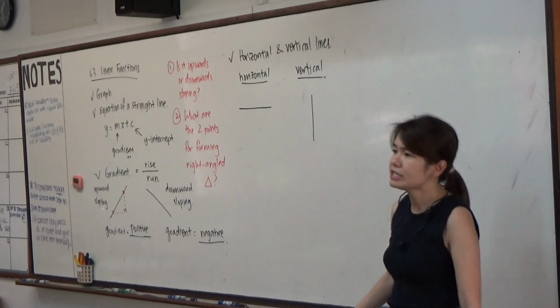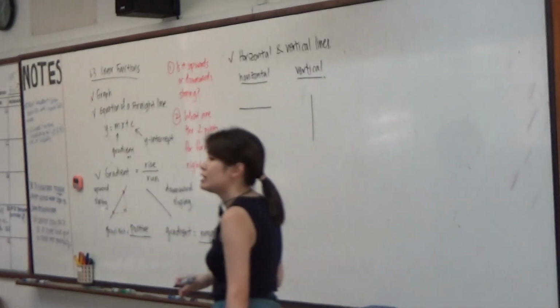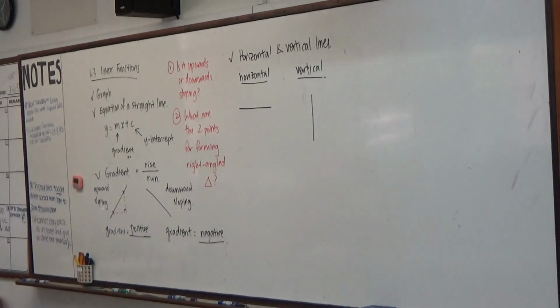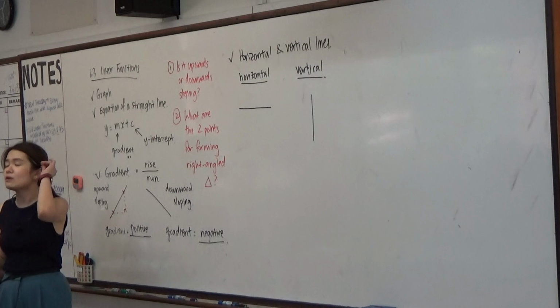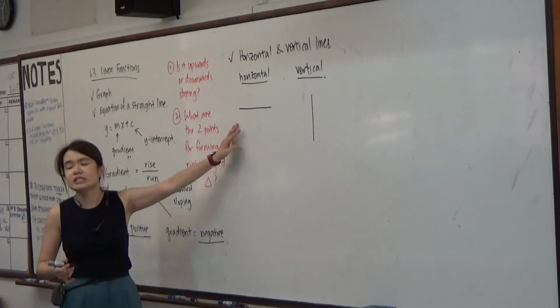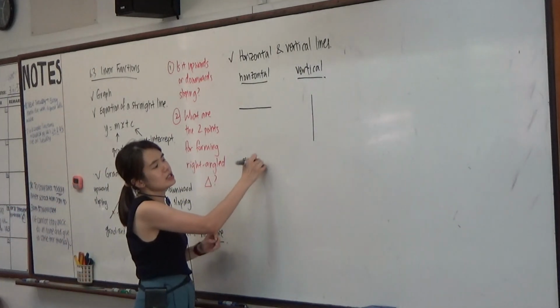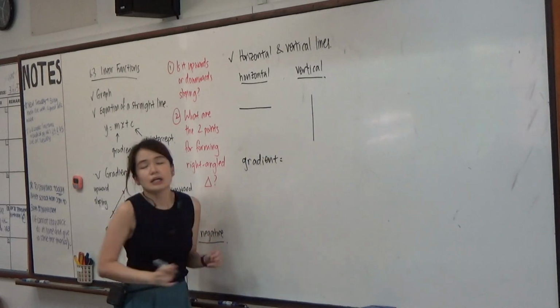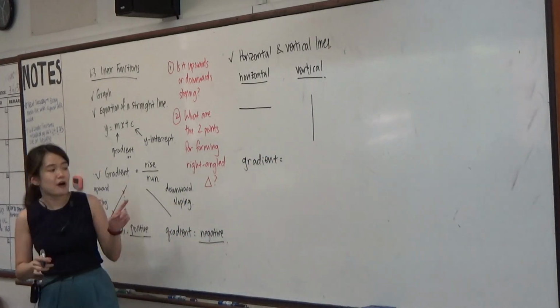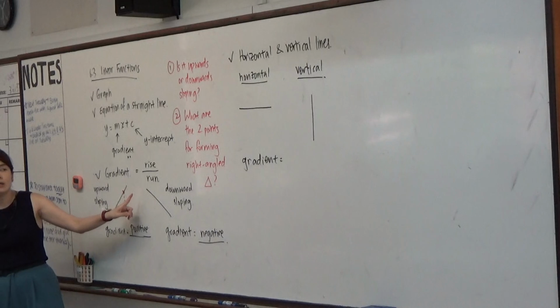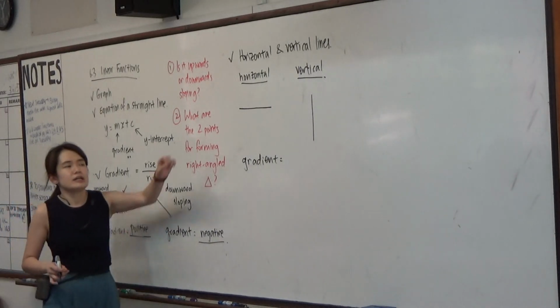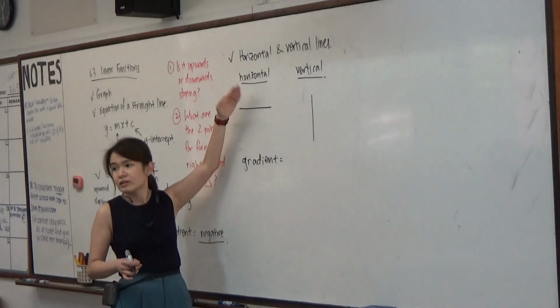Okay? For horizontal and vertical lines, they are very unique cases. So when it comes to the gradient and also its equation itself, it can be rather unique. For horizontal, what the gradient will be, if we were to use our formula, rise over run, my first question is, is there any rise for horizontal?